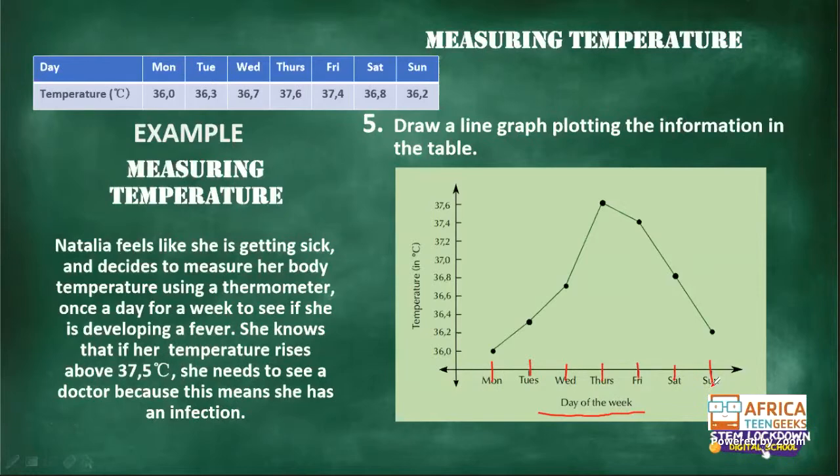Remember, we only have two units we are working with, the day and the temperature. So on this side we will put in the temperature in degrees Celsius.